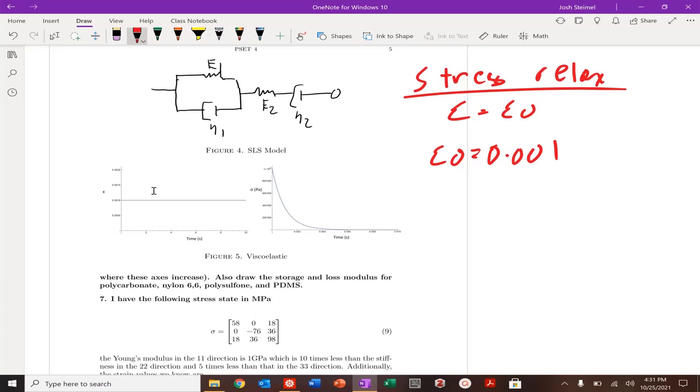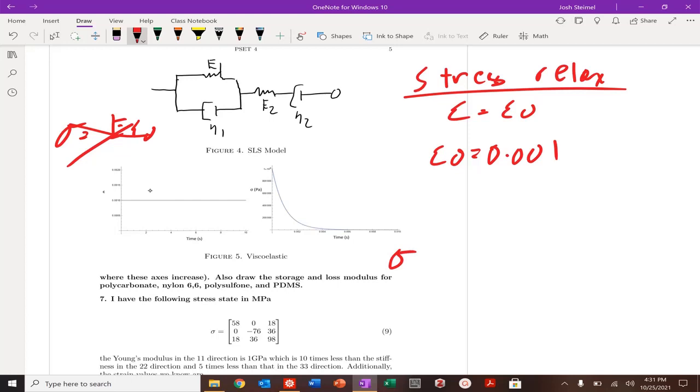So for the models that we've worked with, if I look at the Maxwell model, I have this exponential decay. If I look at the Kelvin-Voigt model, it just looks like a linear function, which is not the case.